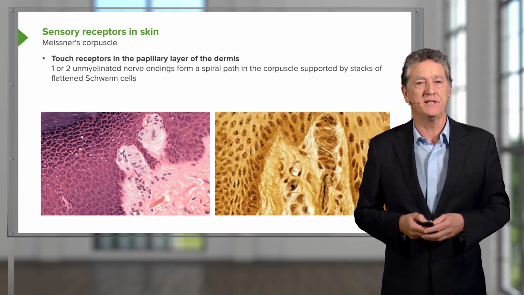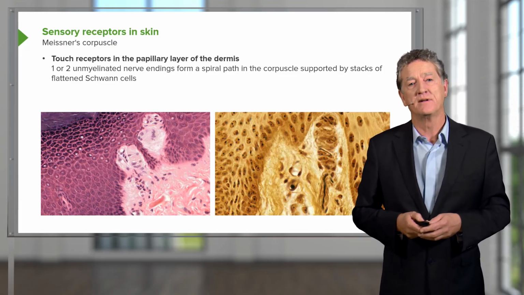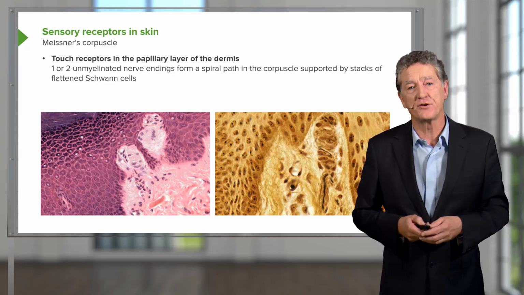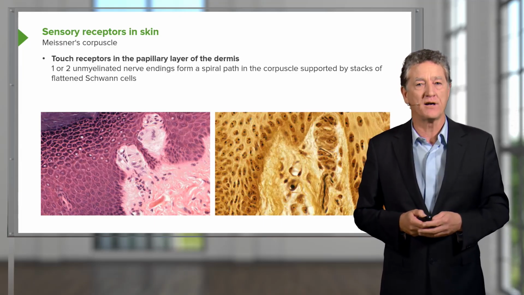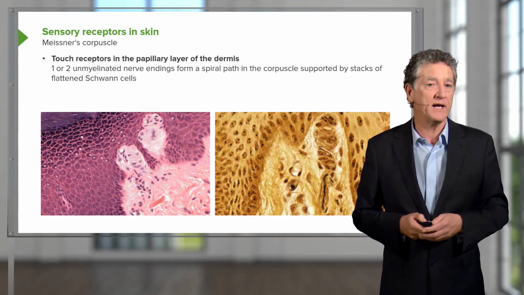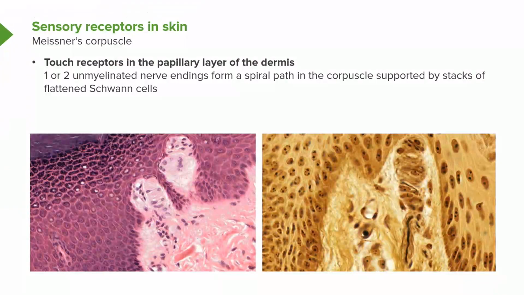They're a bit harder to see, but they lay up in the dermal papillae, those projections of the dermis up into the underlying areas of the epidermal pegs, or up into the superficial layer of the actual junction between the epidermis and the dermis. On the left-hand image, you can see these two projections of the dermal papillae into the epidermis.